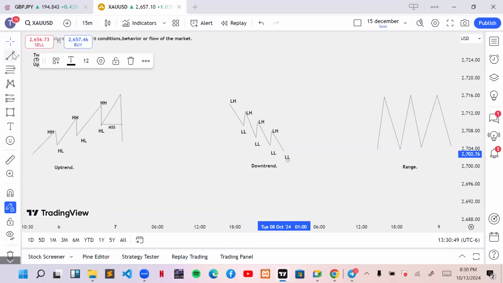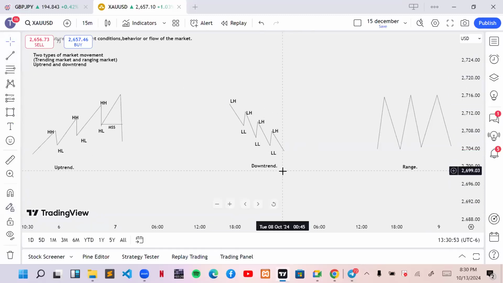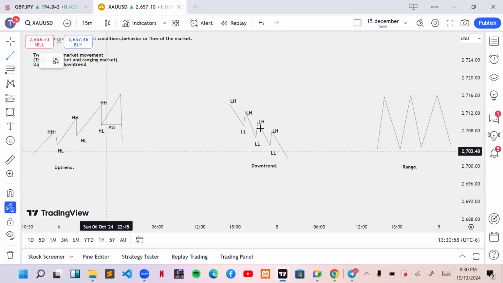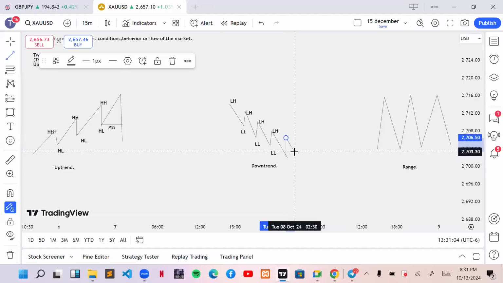But in a situation where the market does something like this, you know this is the last lower low here, and the market does something like this. So instead of continuing this downtrend by making another lower low and going down, the market breaks this high and makes a higher high.